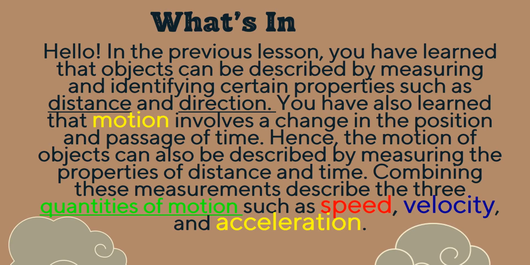What's in? Hello, in the previous lesson, you have learned that objects can be described by measuring and identifying certain properties such as distance and direction. You have also learned that motion involves a change in position and passage of time. Hence, the motion of objects can also be described by measuring the properties of distance and time.